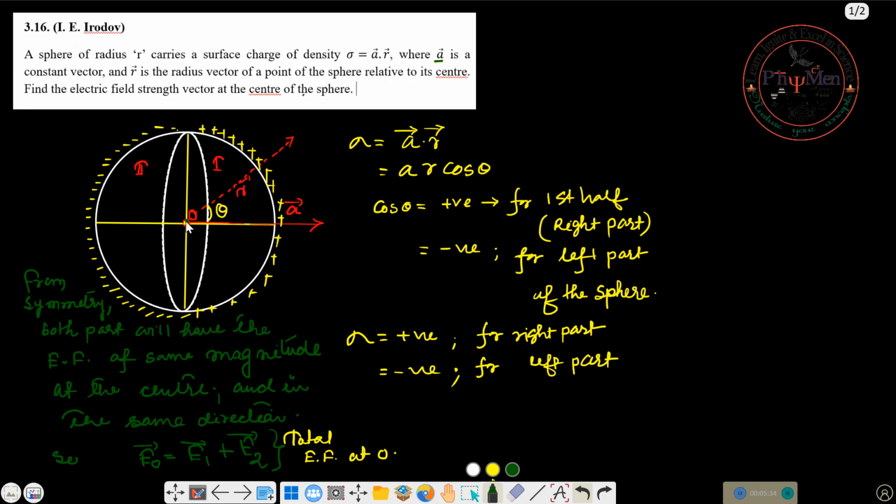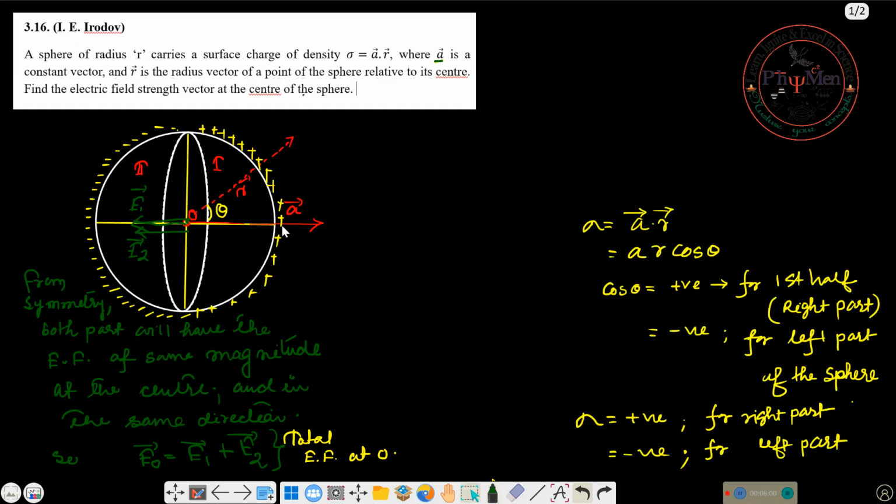At the center, for the first half the electric field will be along this direction, and for the second half also, because it is the negatively charged part. So we need to add E1 and E2 vectorially. First we will go for the right part of the sphere.